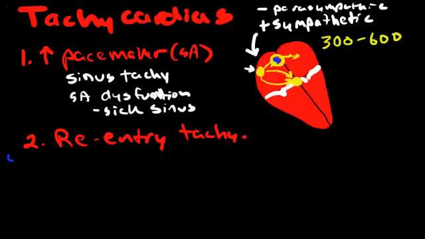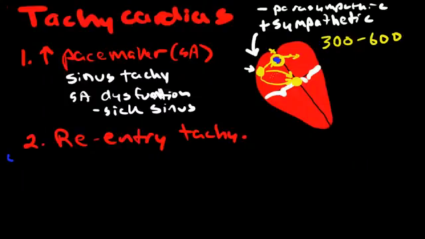Now, this sort of forms an ectopic foci because there is damaged tissue here, and you end up with a circuit. The wave of depolarization keeps going around in a circle, and this can happen in several different places within the atria, and this can happen just with age as scar tissue forms, or there's damage to myocardium over time, or it can be prompted by illness.